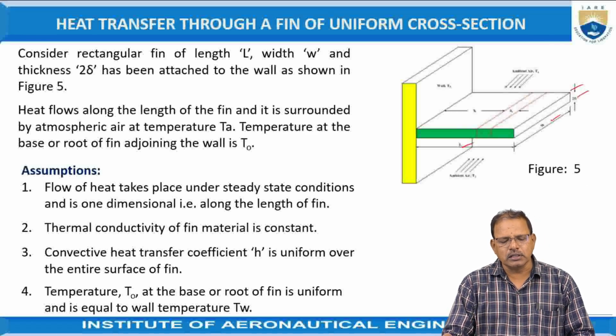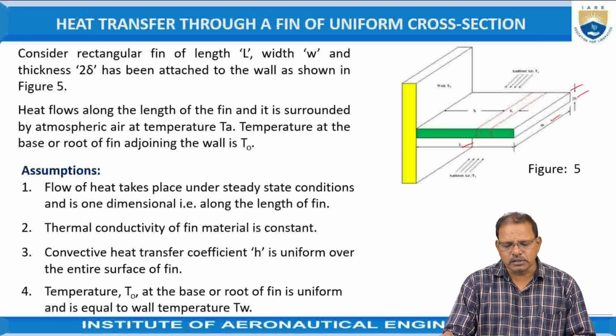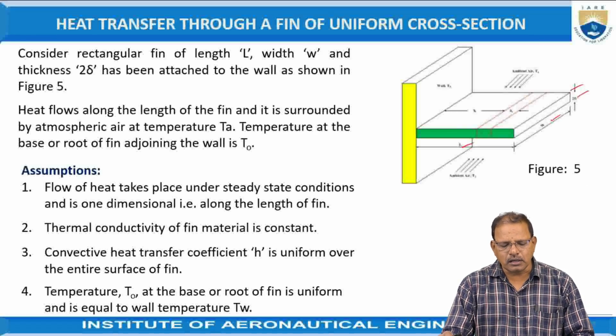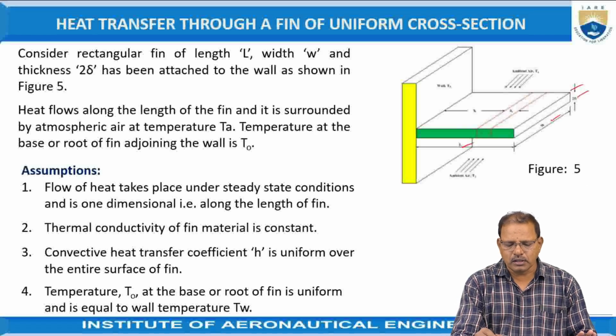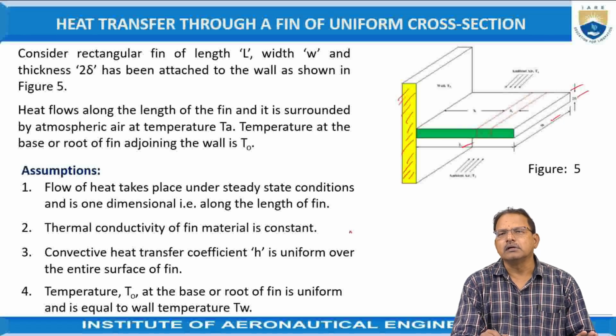Heat flow is along the length of the fin, and it is surrounded by atmospheric air having temperature T infinity. The temperature at the base or root of the fin adjoining the wall is T naught. Here, this is the wall. Assume it is exposed to higher temperature.